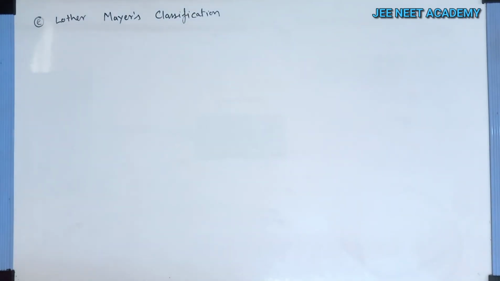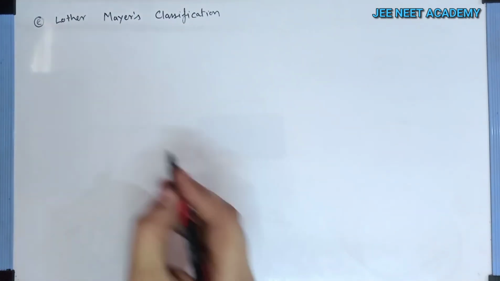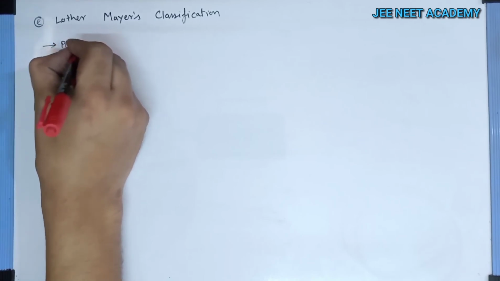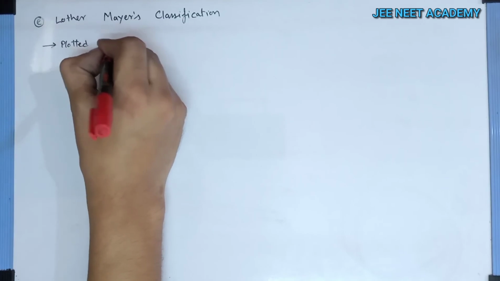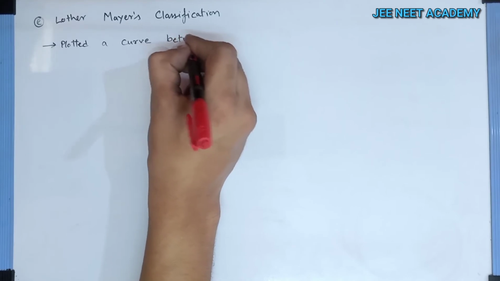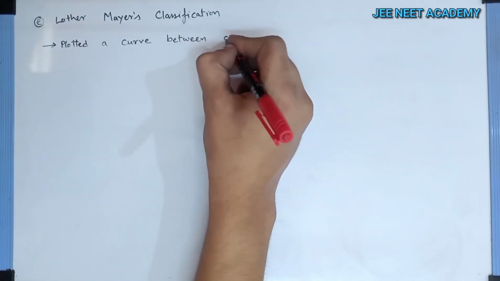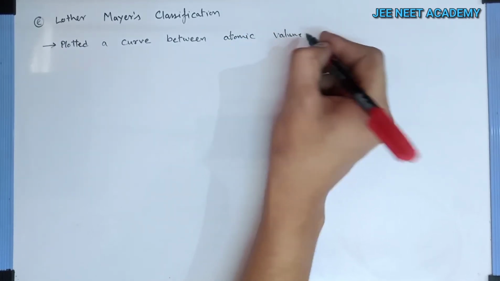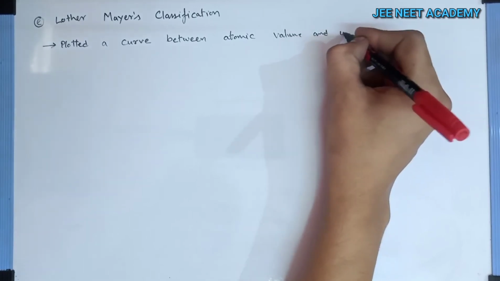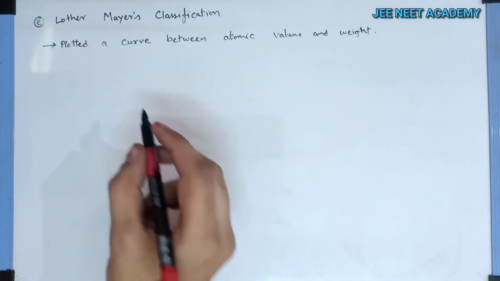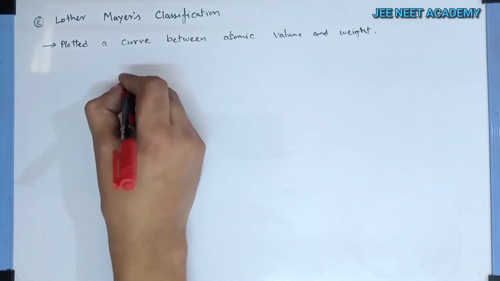He plotted a curve between atomic volume and atomic weight. So he drew a graph.